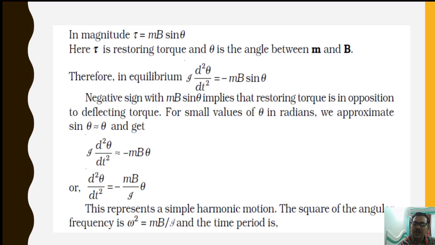This represents a simple harmonic motion. The square of the angular frequency is omega square equal to mB upon I, and so this expression d square theta upon dt square equal to minus mB upon I theta. This expression we studied in 11th class.